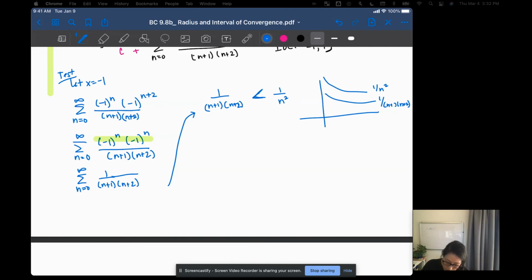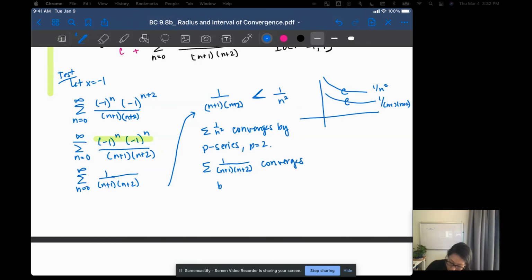I know that the sum of 1 over n squared converges by the p-series test, because p is equal to 2. If the larger series converges, then definitely the smaller series will also converge. So therefore the sum of 1 over n plus 1 times n plus 2 also converges by the direct comparison test.